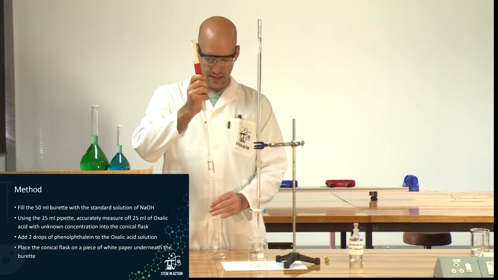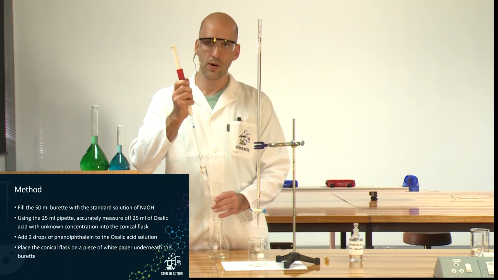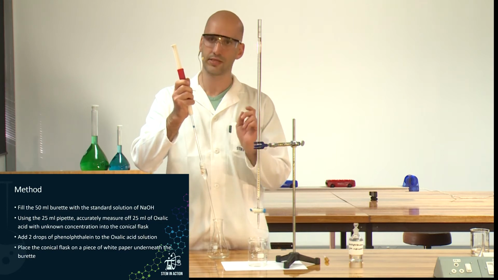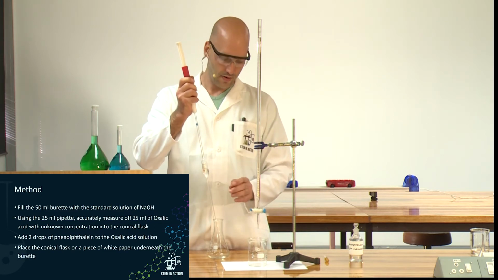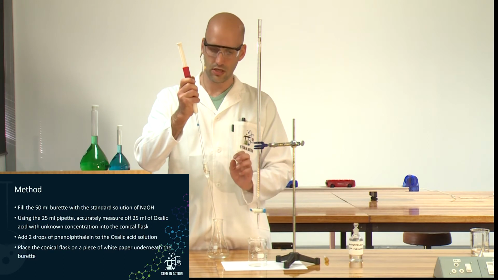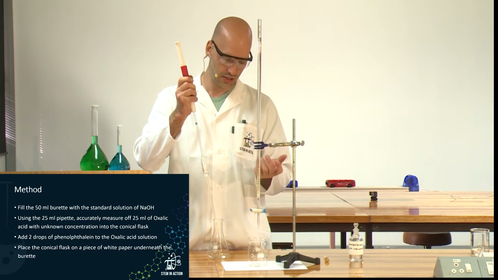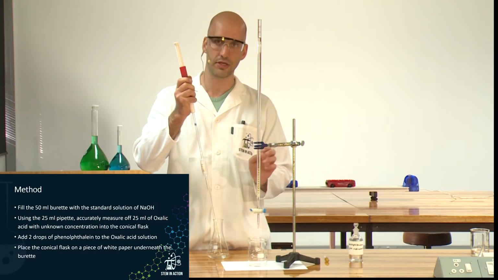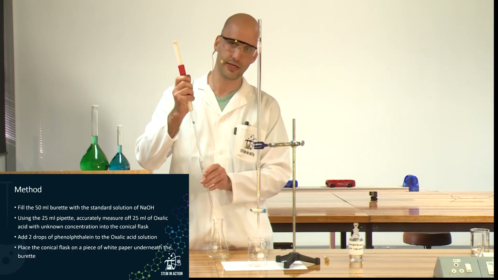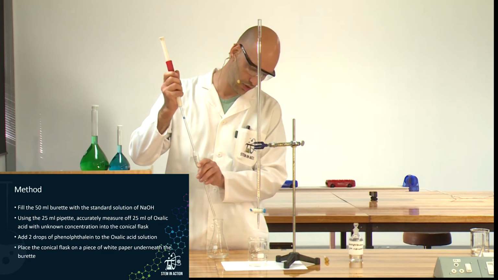Something about the pipette is, you'll see there's always a little bit left behind in the tip. If you actually shake that little bit out, you're adding way more than 25 milliliters. You don't need to shake that little bit out, because it's already been graduated to take that into consideration.